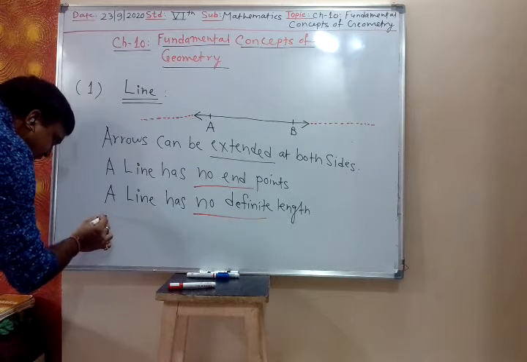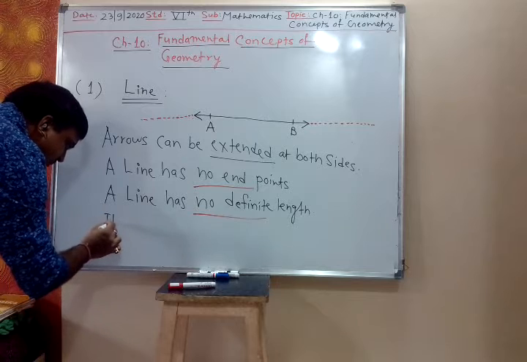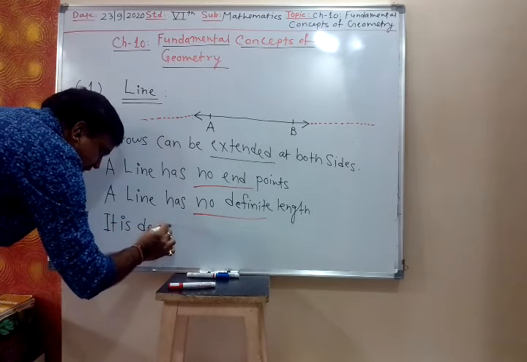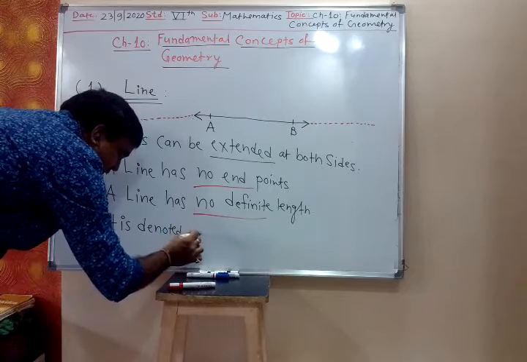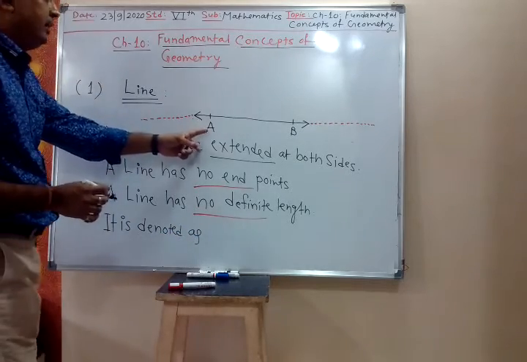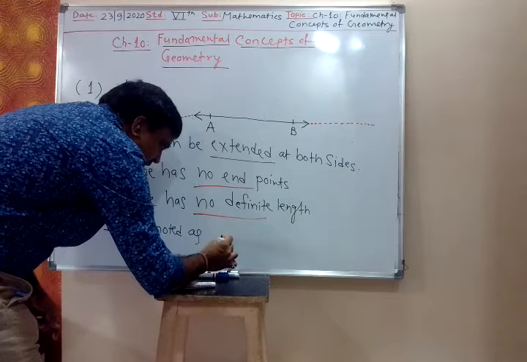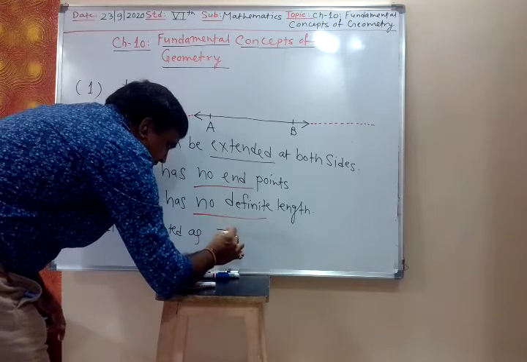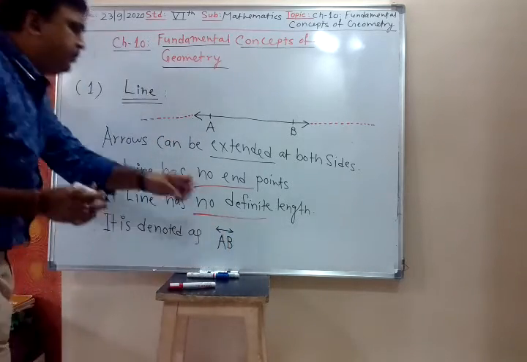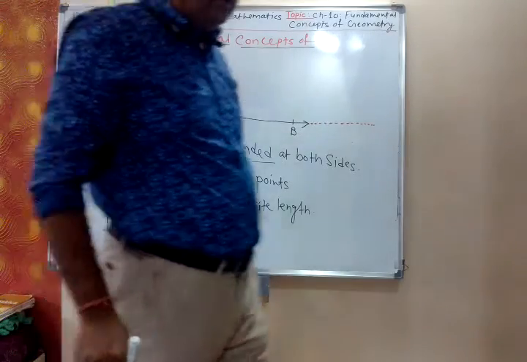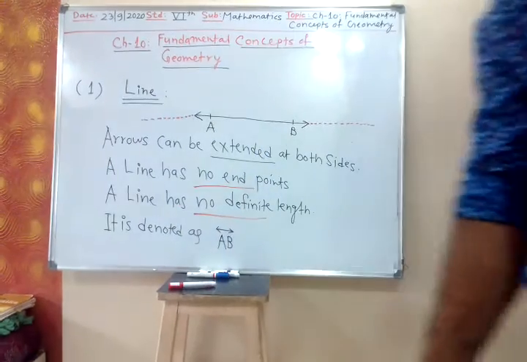And the second, last one: it is denoted as, how do we read this? We read AB, we write AB, then on top of AB we write the line symbol. Arrow at both sides means it is a line.